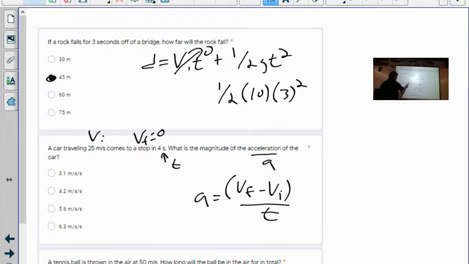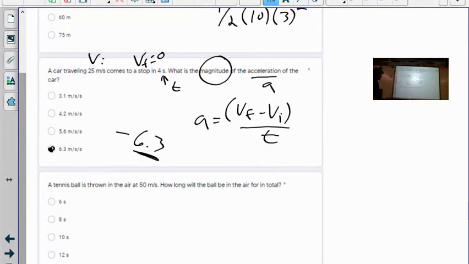Vf is 0 minus its initial velocity of 25 divided by 4. If I do that out, I get 6.3 meters per second squared. It actually comes out to be negative 6.3, but because it asks for the magnitude, I'm just looking for the number. Here, that negative sign is telling me the direction, that it was opposite the direction of travel.